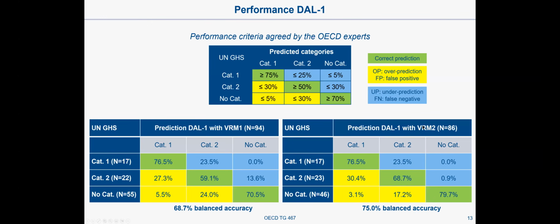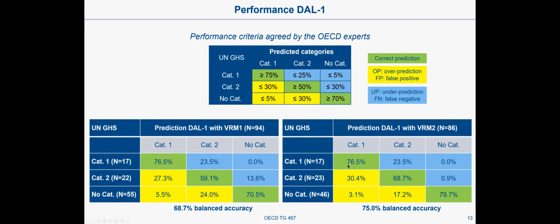The DA1 with VRM2, so with the schematic, was based on an evaluation of 86 reference liquids. There is overlap between the set of 94 and 86, but especially for category 1 and category 2. But for the no cats, there is less overlap between the liquids that were evaluated.